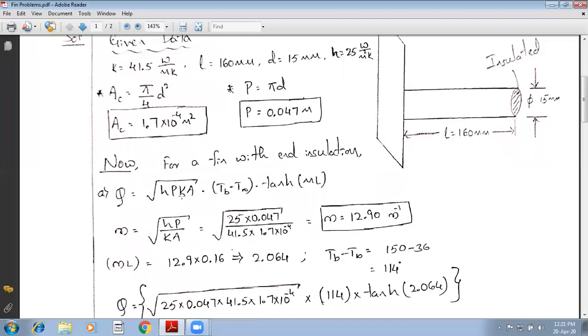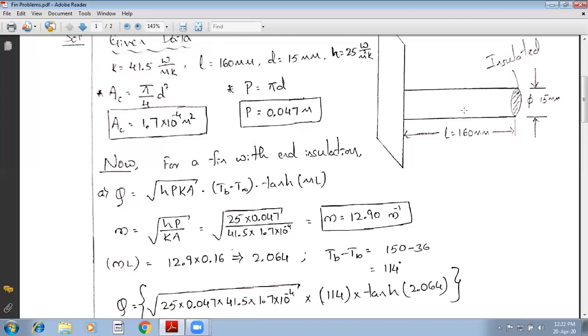k is thermal conductivity of the fin material. A is cross-sectional area. Now many students make mistakes with considering perimeter as well as cross-sectional area. I'm telling you here, if heat is flowing in this direction, we are considering one dimension.